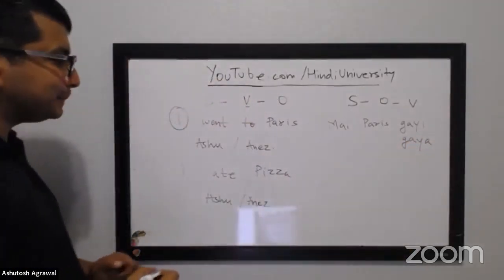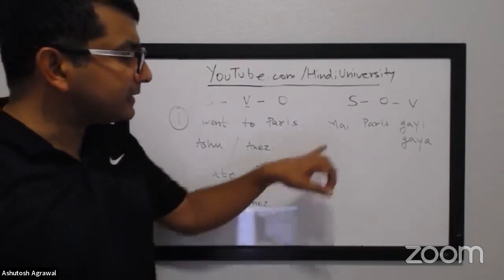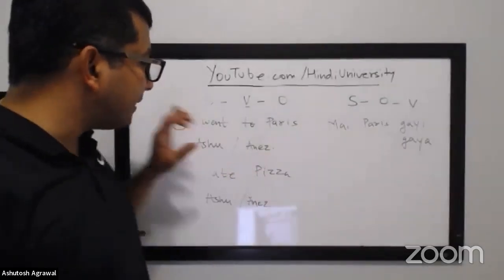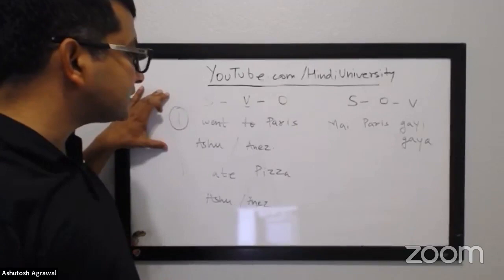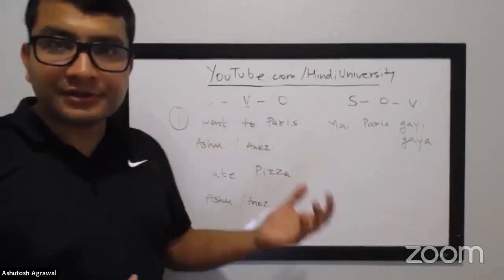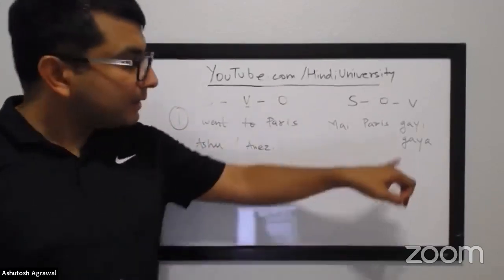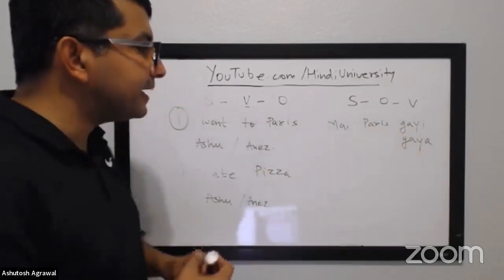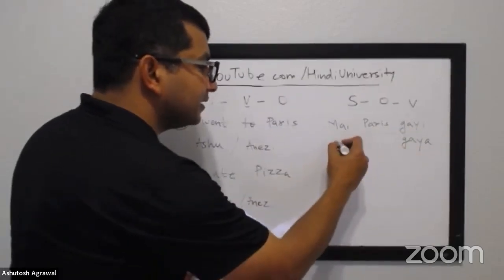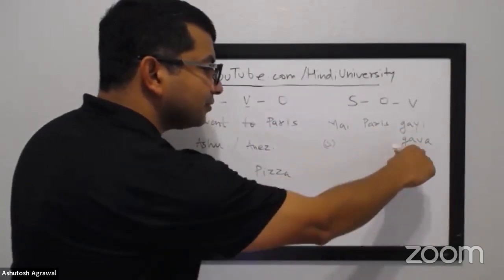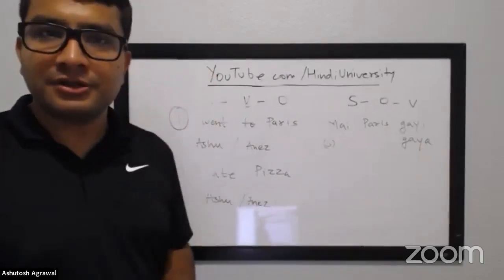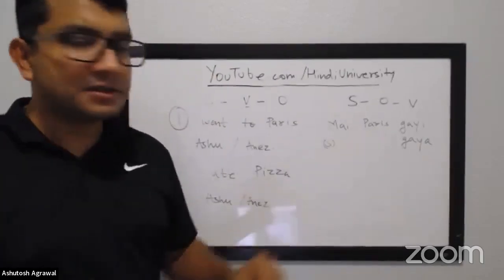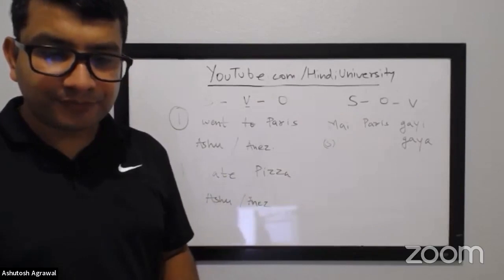So in Hindi, as you can tell, for the type 1 simple past tense, jana is an intransitive verb. The verb is getting conjugated based on the subject. If the subject changes, your verb conjugation changes. This is when the verb is intransitive.